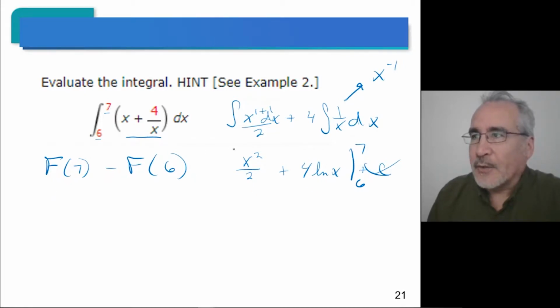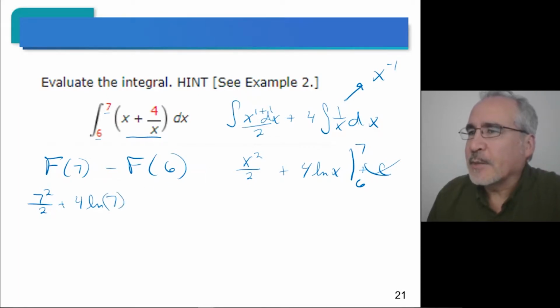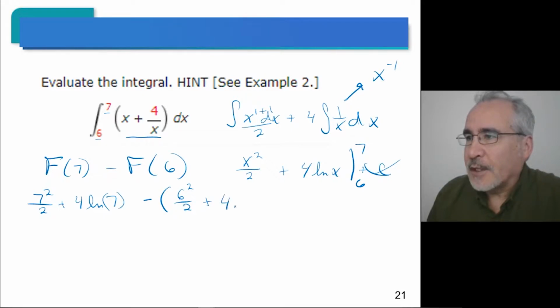Okay, so we're going to put 7 squared over 2 plus 4 natural log of 7. Then we're plugging in 6 for x, 6 squared over 2 plus 4 natural log of 6.